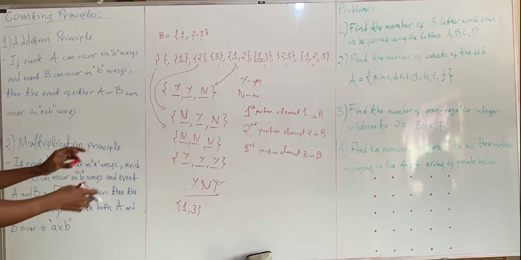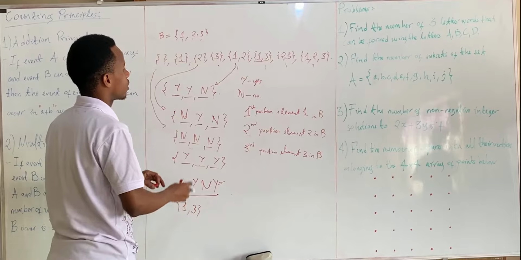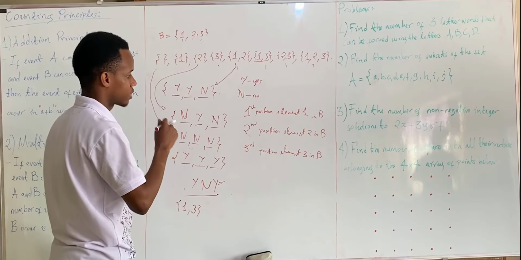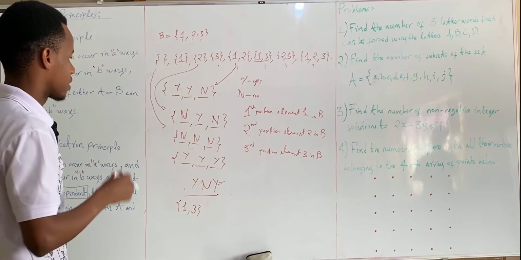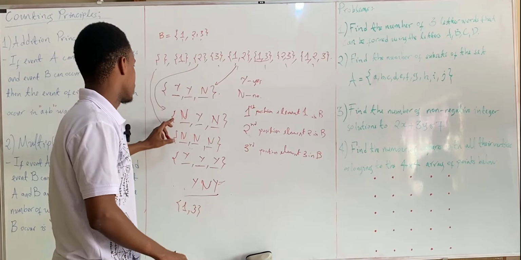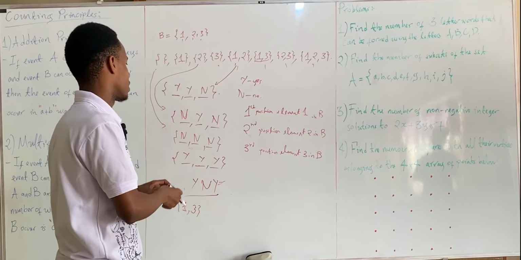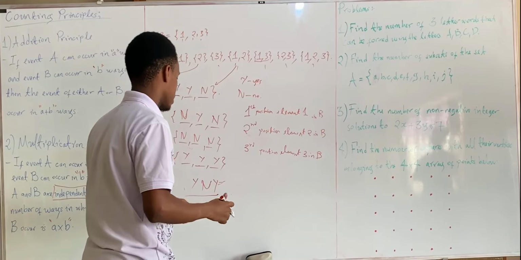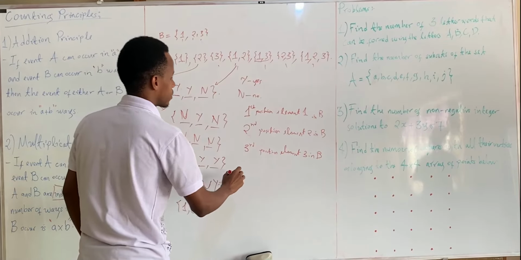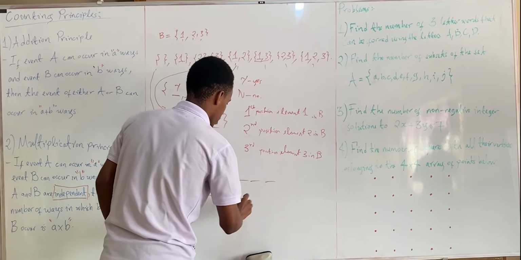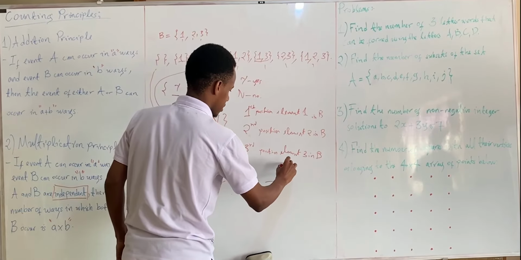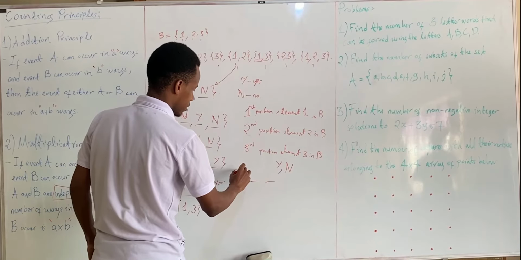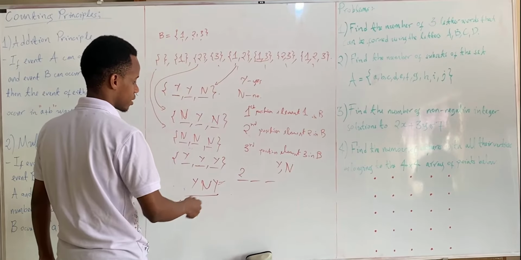So in this case, we have found an easier way of counting these subsets in terms of 3-letter words that contain y or n. At this point, we can find the number of 3-letter words using y or n, just like we did for the first example, which is easier to do because, as we have already seen, we have 3 positions and 2 letters, yes or no. So the first position can be filled in 2 different ways, can be y or n.